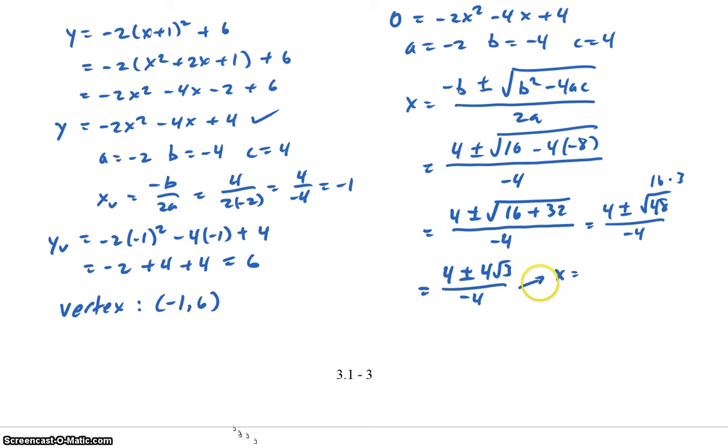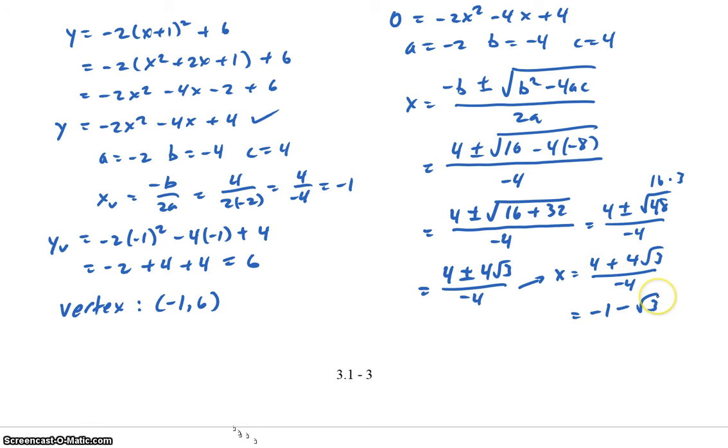X equals 4 plus 4 square root of 3 over negative 4. Dividing by negative 4, 4 over negative 4 is negative 1, and 4 over negative 4 again is negative 1, so minus 1 minus square root of 3.